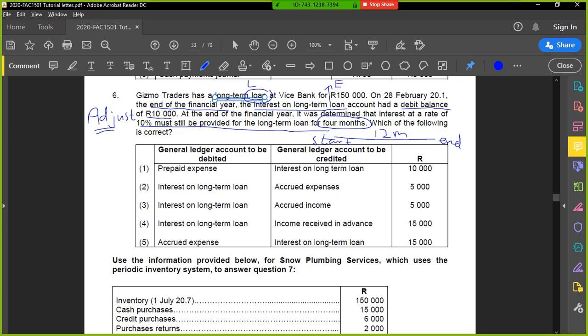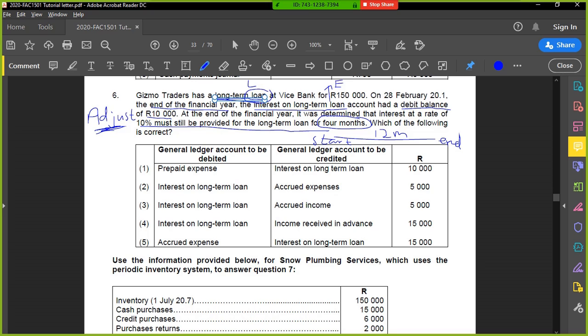That's the key point. That's the basic understanding regarding those adjustments. So the whole adjustment chapter, just to summarize it, is looking at accuracy. If I've got a 12-month financial year, I have to show interest for the entire year if I've had the loan for the entire year.